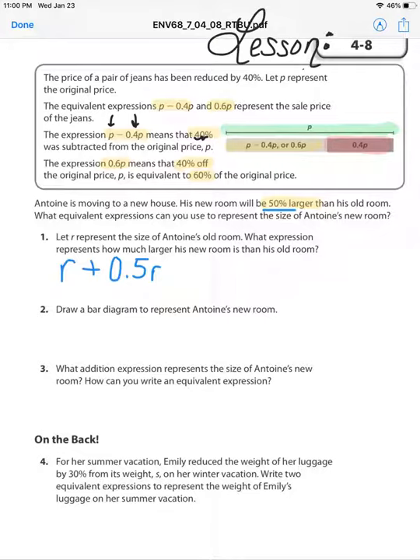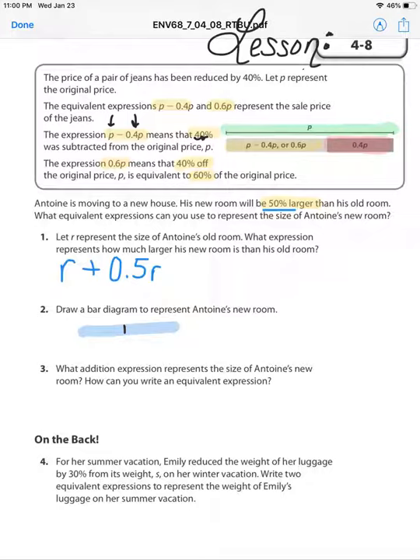Next it says to draw a bar diagram to represent Antoine's new room. So first I'm going to think about how long we want to make this. Let's say this is his old room. And now we want to add 50% of this. I'm thinking 50% of this would be about right here. Close enough.